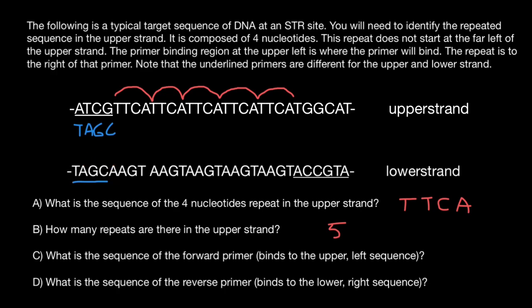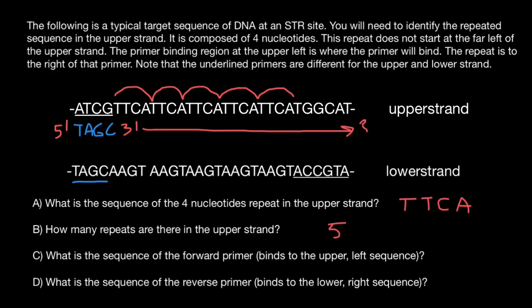Now, what about primer ends? For example, what's going to be the primer end here and here? Polymerase can only add new nucleotides from the 5' end to the 3' end. So we instantly know that here has to be the 5' end, here has to be the 3' end, in order to build a new strand in this direction.